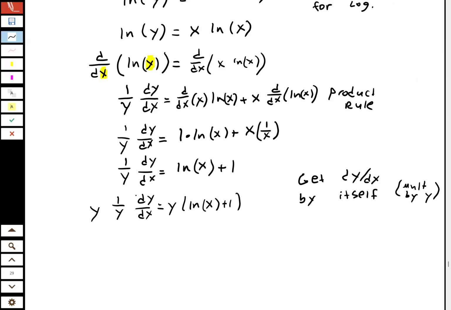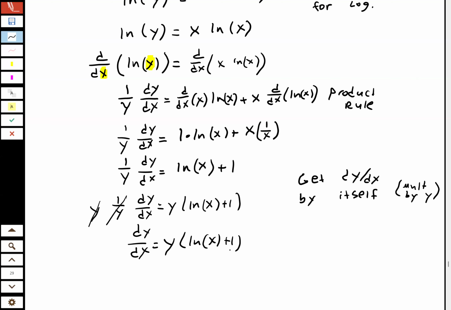By multiplying by y on the left side, the y and the 1 over y would cancel out. That leaves me with dy/dx. On this other side, I have y times ln of x plus 1.